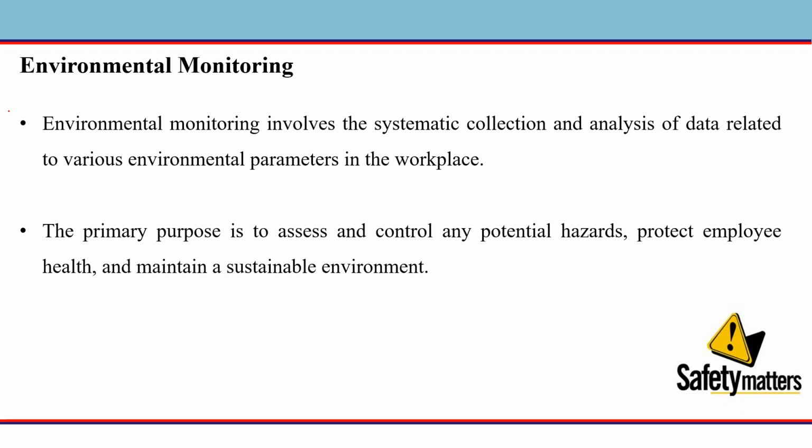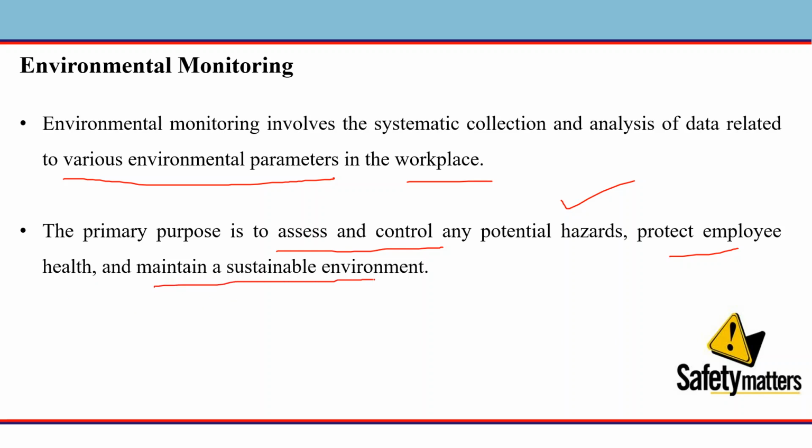So environmental monitoring involves the systematic collection and analysis of data related to various environmental parameters in the workplace. The primary purpose is to assess and control any potential hazard, protect employee health, and maintain a sustainable environment.